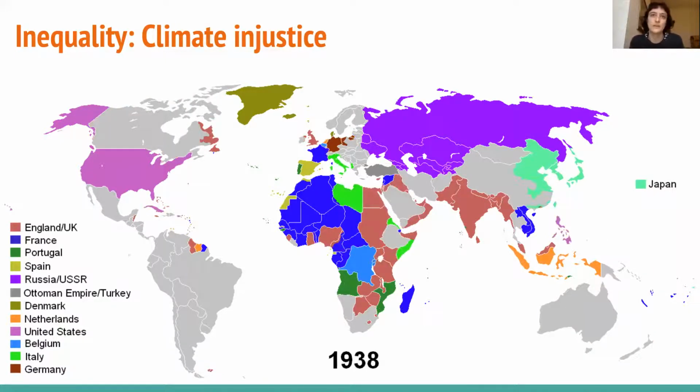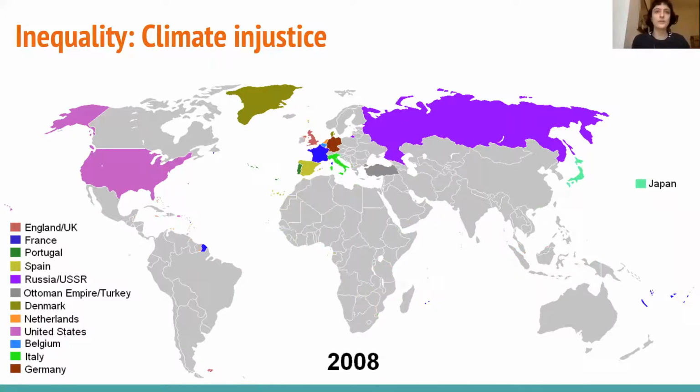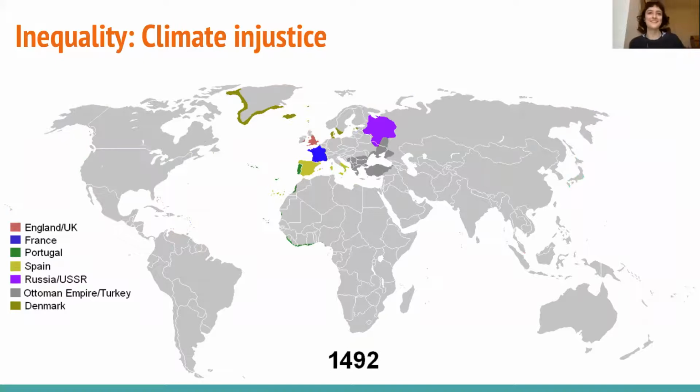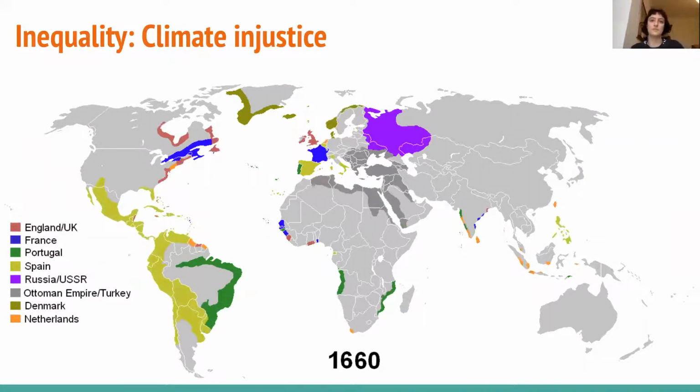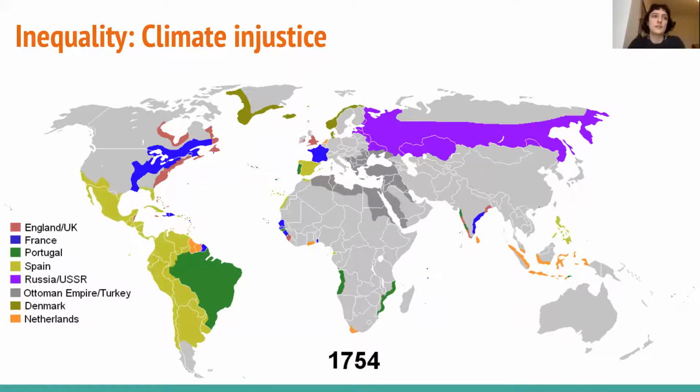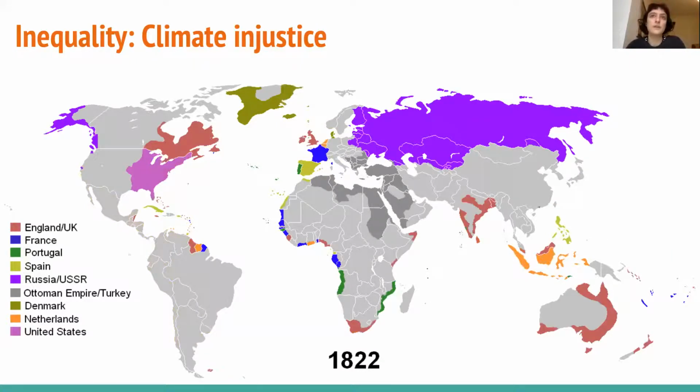I also wanted to bring in the context of inequality and colonialism as the foundation of why this is a climate justice issue. So this is a GIF, or GIF, if you will, which shows colonialism through the years, and particularly you could see a lot of European colonies.